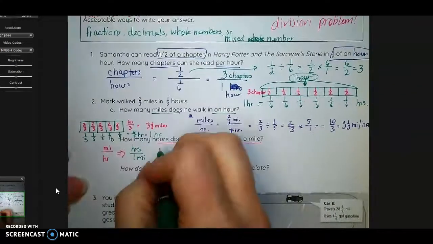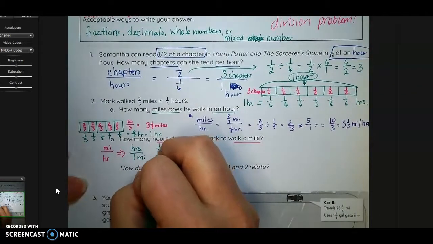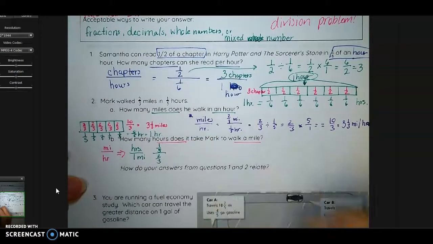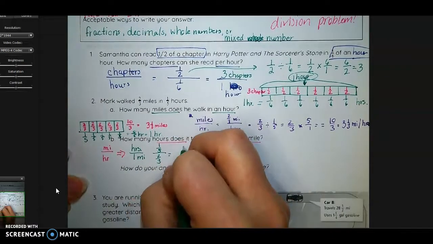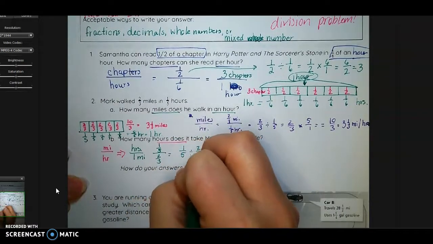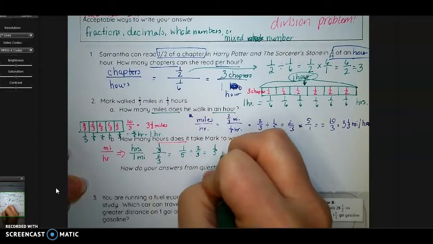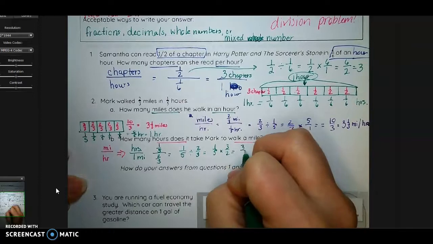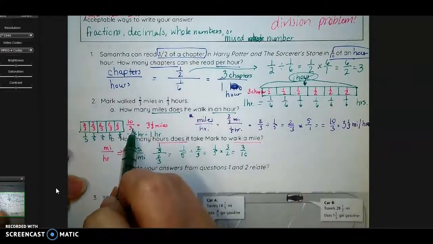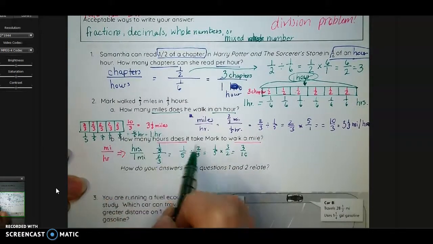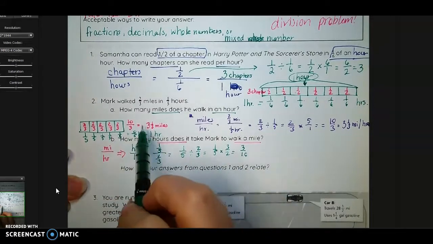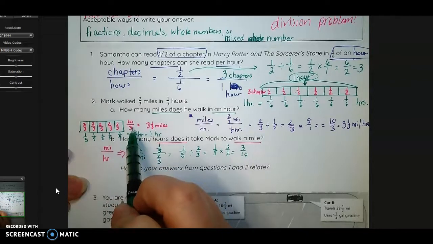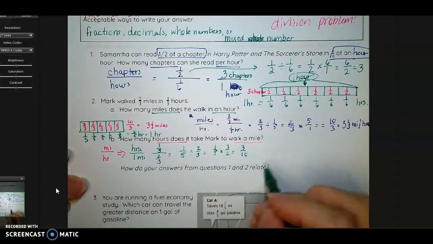So I could go all the way back to the start, and I could say 1/5 divided by 2/3. And I get 1/5 times 3/2, and I would get 3/10. Well, you notice that is the reciprocal. So if a problem asks me one way and then it changes the order that they're in, all I have to do is go back to that fraction, even if it was improper, and I can flip it.